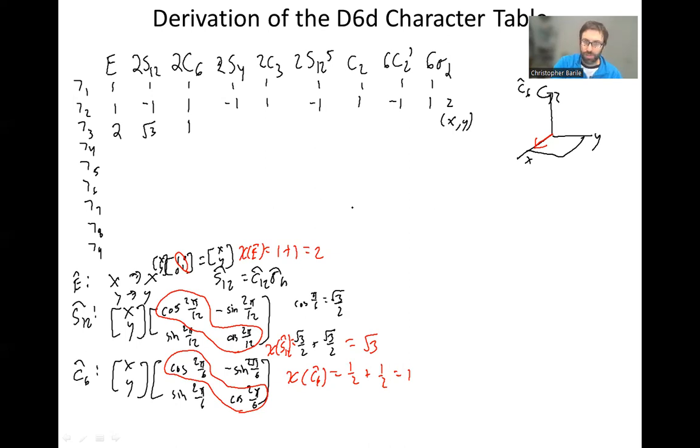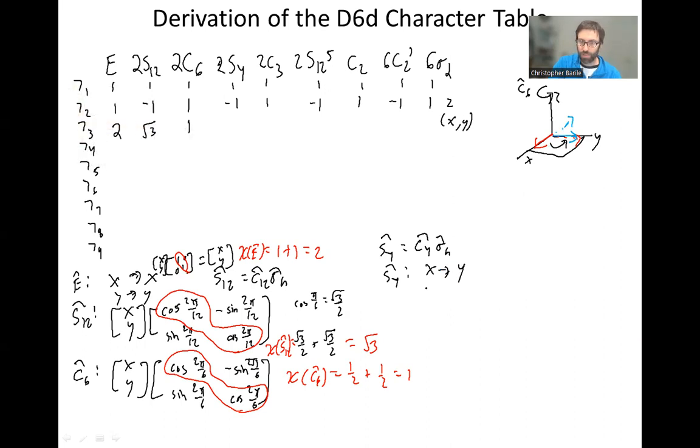Then we move on to the S4 class. S4, remember, is a C4 followed by sigma H. But we talked about this extensively, how sigma H doesn't do anything to the x or the y vectors. We now know that x and y transform together. We could use the rotation matrix here, or you could just think about how x transforms when we do a 90-degree rotation. x is going to go into y, and if we have a y vector, y is going to go 90 degrees and go into negative x.